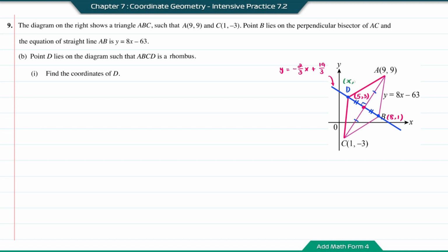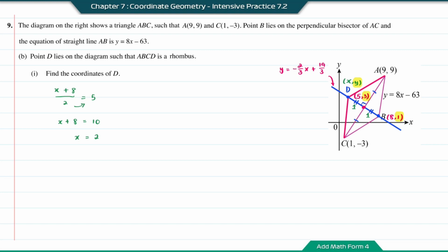To find the coordinates of the point D, 1 times x plus 1 times 8 divided by the total ratio, which is 2, is equal to the x coordinate of the midpoint, which is 5. So x plus 8 equals 5 times 2, which is 10. Then x is equal to 10 minus 8, which is 2.